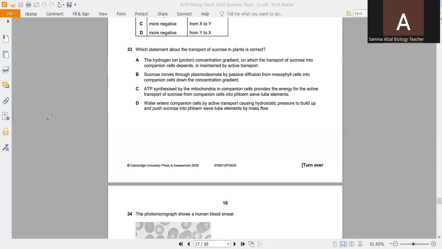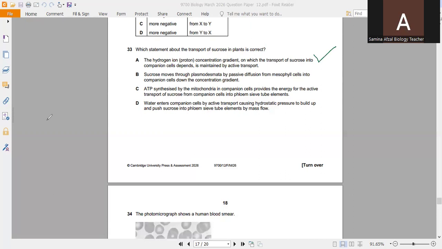Proton pumps in the cell surface membrane of companion cells use ATP to actively pump hydrogen ions out into the cell wall. This creates and maintains a proton concentration gradient that drives the secondary active co-transport of sucrose into the companion cell. So that is the reason this is the correct option.